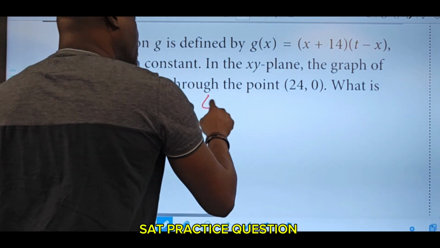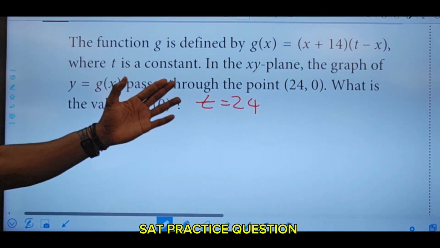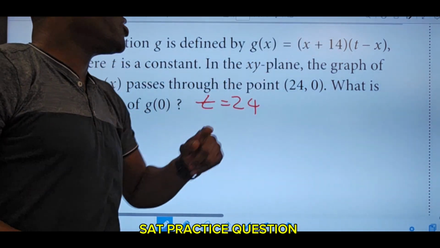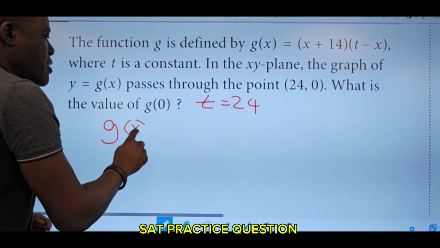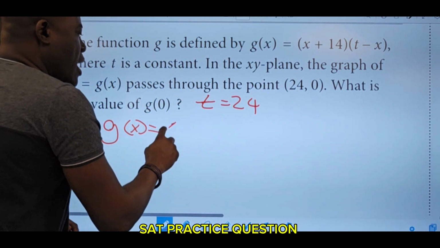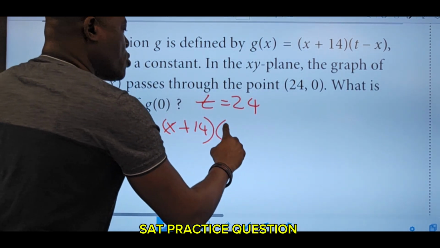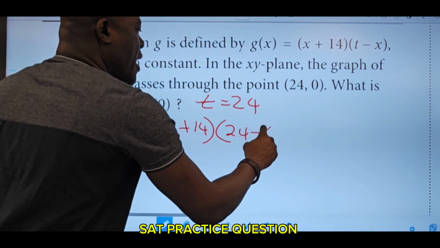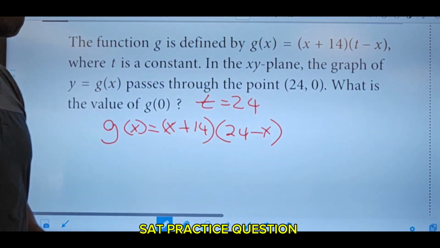So having known that t equals 24, we're now able to put 24 in the g function. For example, g of x is equal to (x + 14)(24 − x). Remember, t is 24.